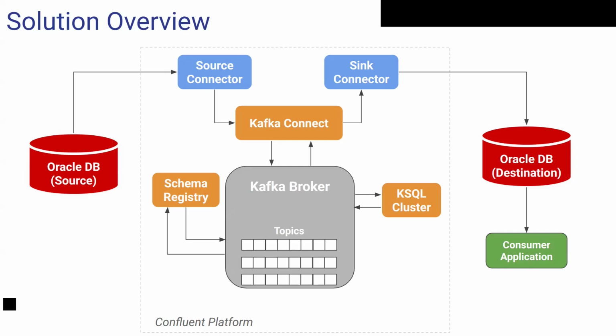So in such a case, you will have to use another SMT, which converts the entire row content to null, so that it becomes a tombstone record. So eventually the JDBC Sink Connector deletes that record. It is not a direct one.